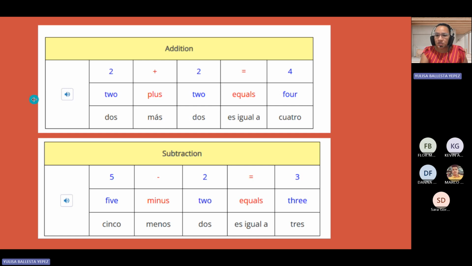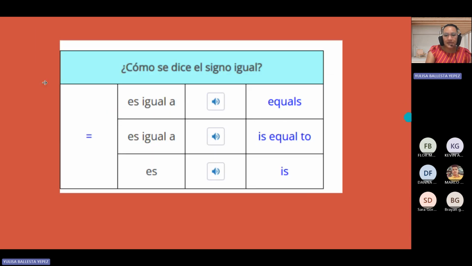Dana, please read the subtraction. 5 minus 2 equals 3. Very good. And let's continue. Okay, addition, subtraction, and we have multiplication.